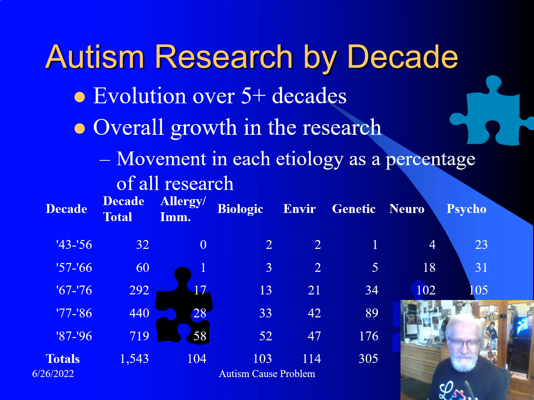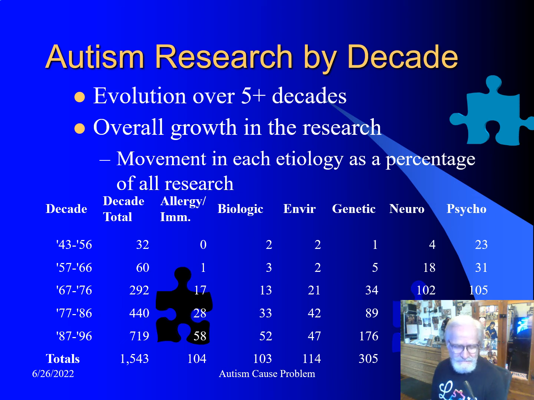Jumping to the last decade that you're looking at here, the last one completed so far, 719 of the 1,543 causes found, nearly 47%, come from the 1987 through 1996 span. Neurological causations alone number 270, with 176 genetic causes cited.